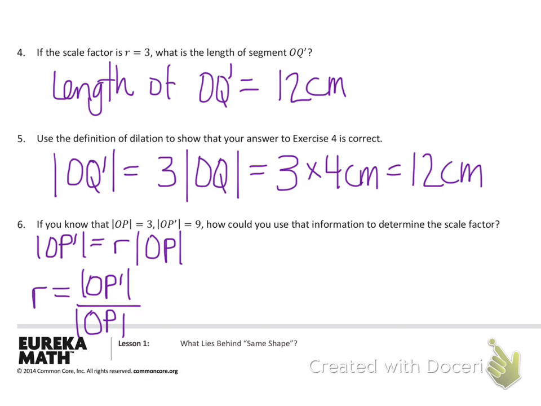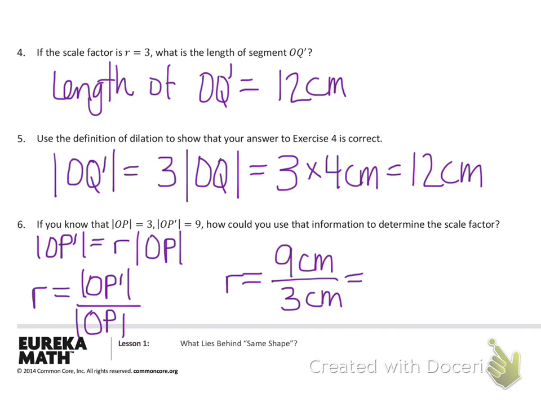It's how many times bigger is the dilated than the original down here. And so in this case, we would see that the scale factor is 9 centimeters divided by the original length, which was 3 centimeters.